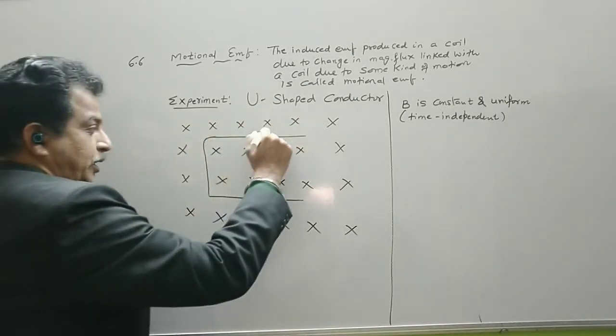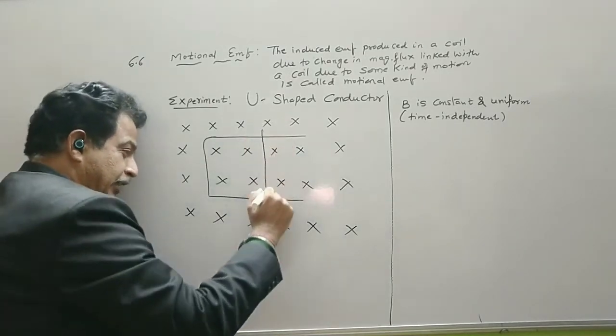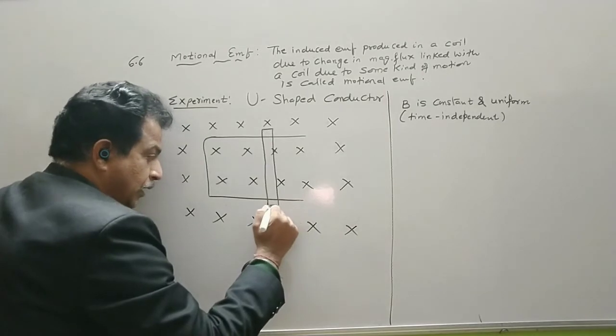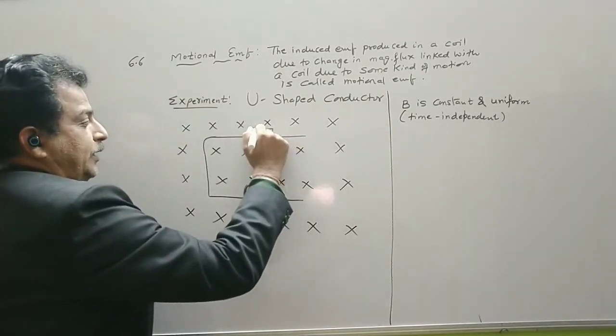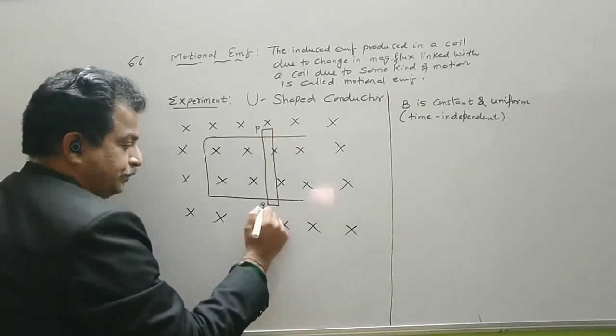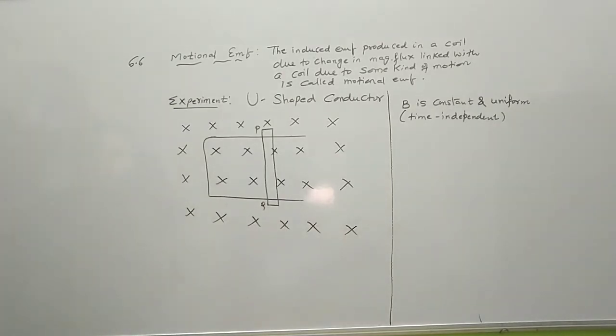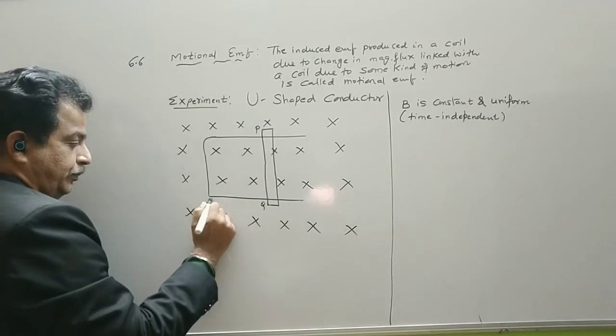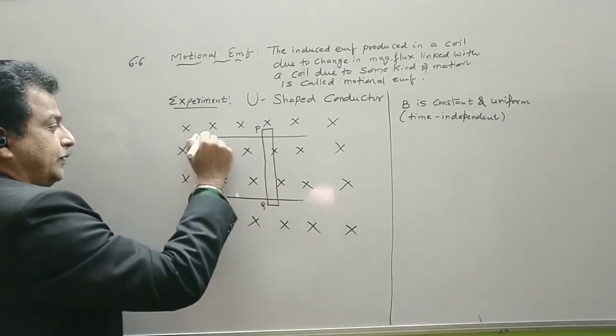On this U-shaped conductor we place a rod. Now this is a rod. Let the rod be named PQ. This rod is placed on the U-shaped frame. So this is PQRS.